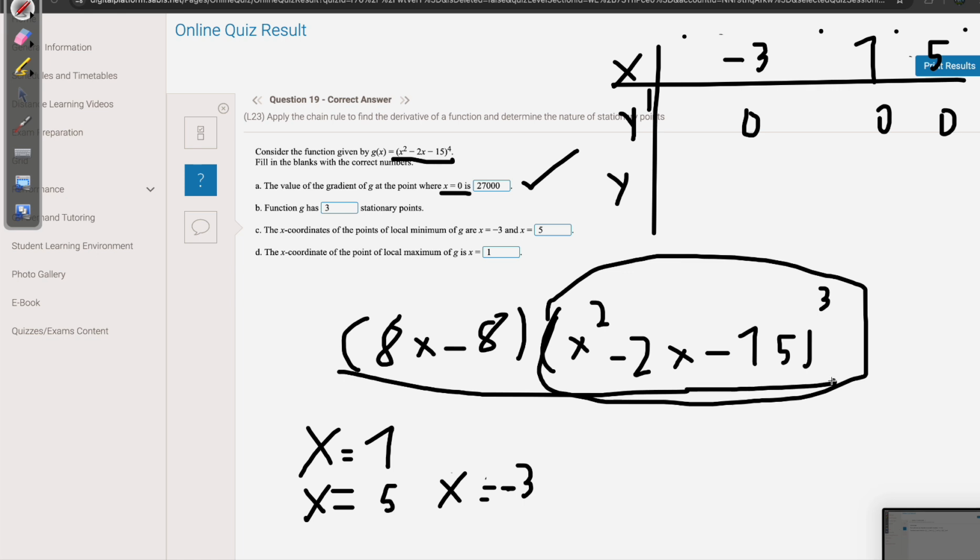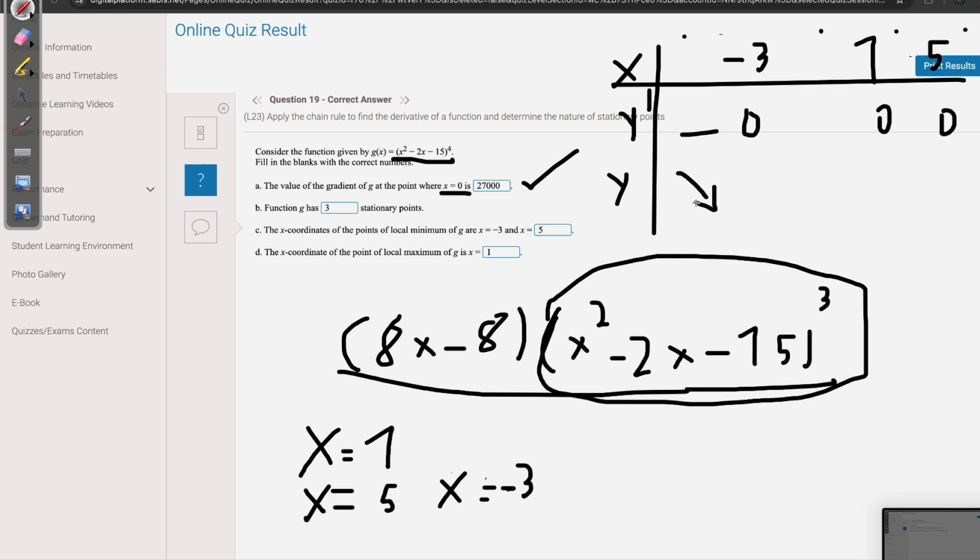So 8 times negative 4 minus 8, all of that times (negative 4 squared minus 2 times negative 4 minus 15), all of that to the power of 3, which will be negative. So this will be done.